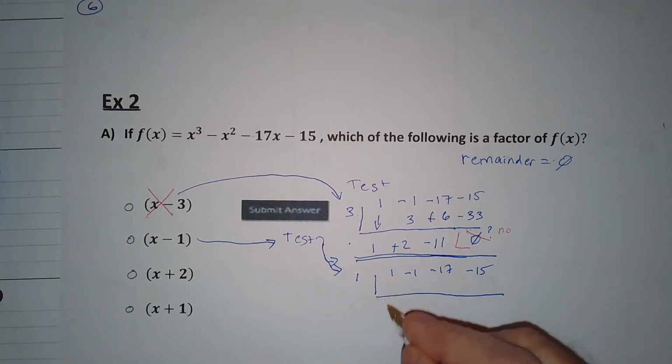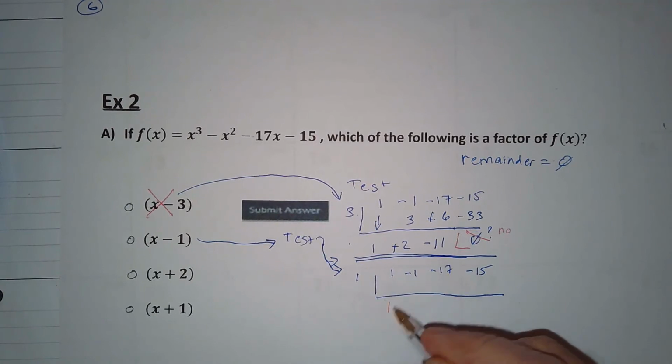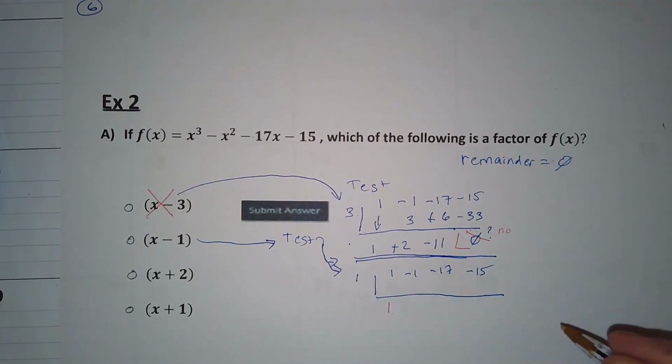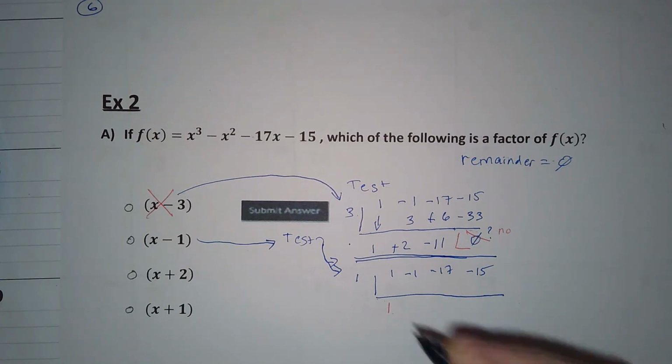So bring down the 1. 1 times 1 is 1, right?